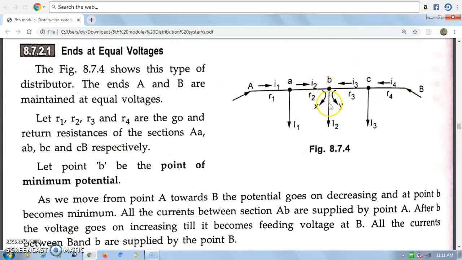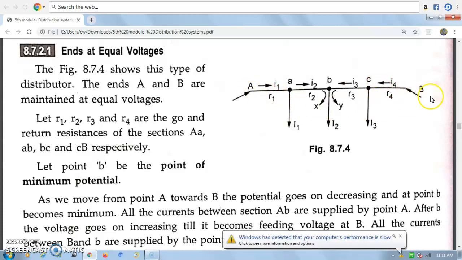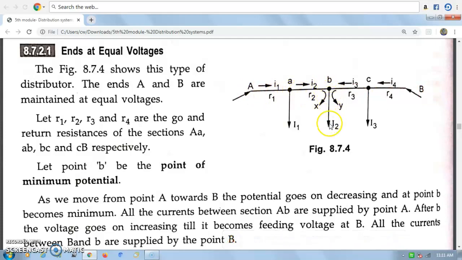At the point b, it comes to the very minimum potential, and all the currents after that section are supplied, increasing till the point B. Remember, in the forward path from A to small b, the voltage goes on decreasing till point b. This is the minimum potential.